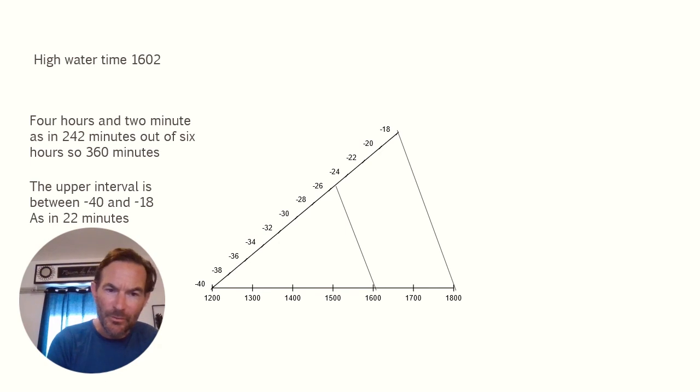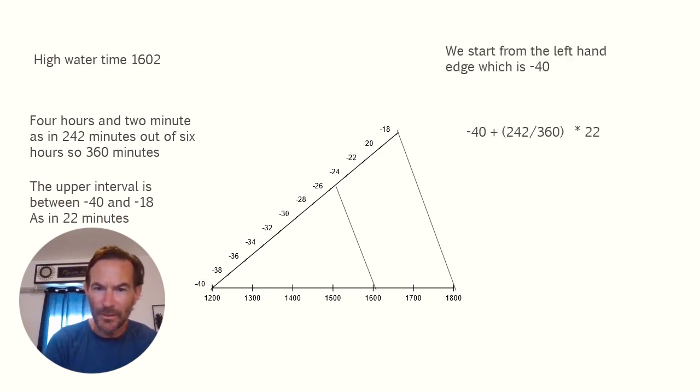Now the interval between minus 40 and minus 18 is 22 minutes. So we're 242 360ths of the interval of 22 minutes. Now it starts from minus 40 on that left-hand edge. So we're going to add that fraction to minus 40.